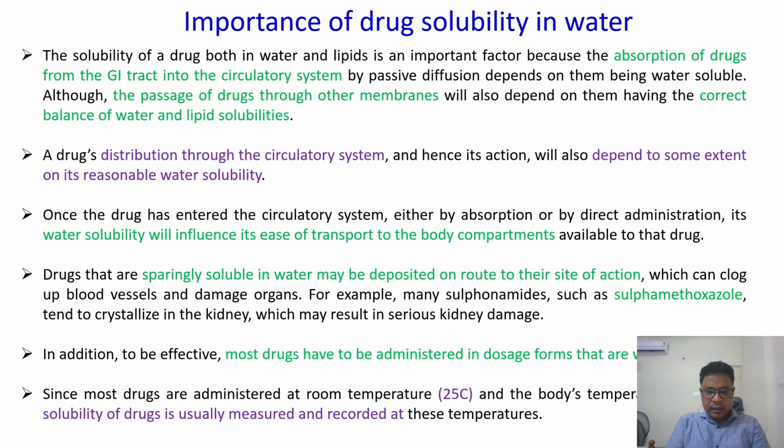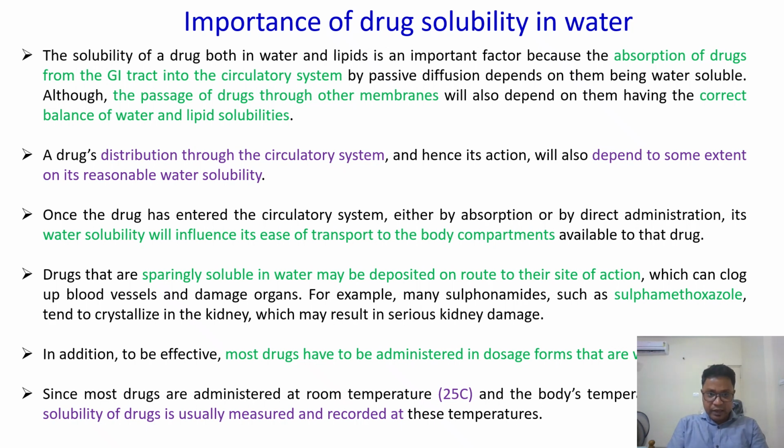Drugs that are sparingly soluble in water may be deposited on the route to their site of action, which can clog up the blood vessels and damage the organs, and it can cause a heart attack also. For example, many sulfonamides such as sulfamethoxazole tend to crystallize in the kidney, which may cause serious kidney damage.